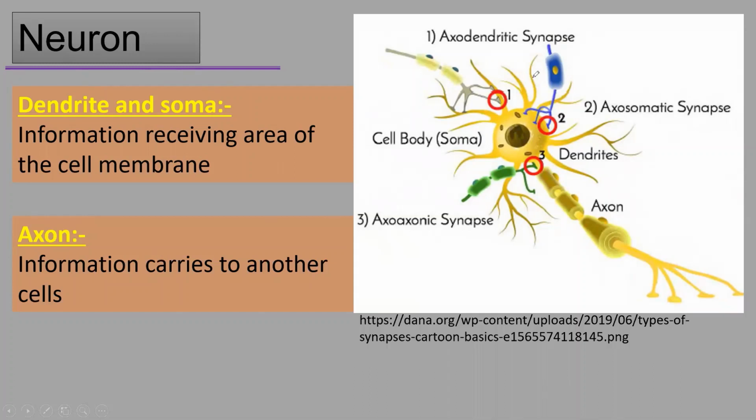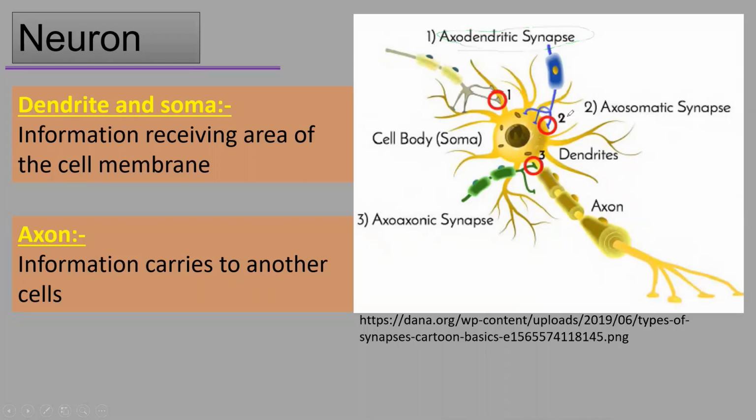So it has a synapse. When one neuron communicates information to another neuron, they form a synapse. If the synapse is between an axon and a dendrite, this is called an axodendritic synapse.